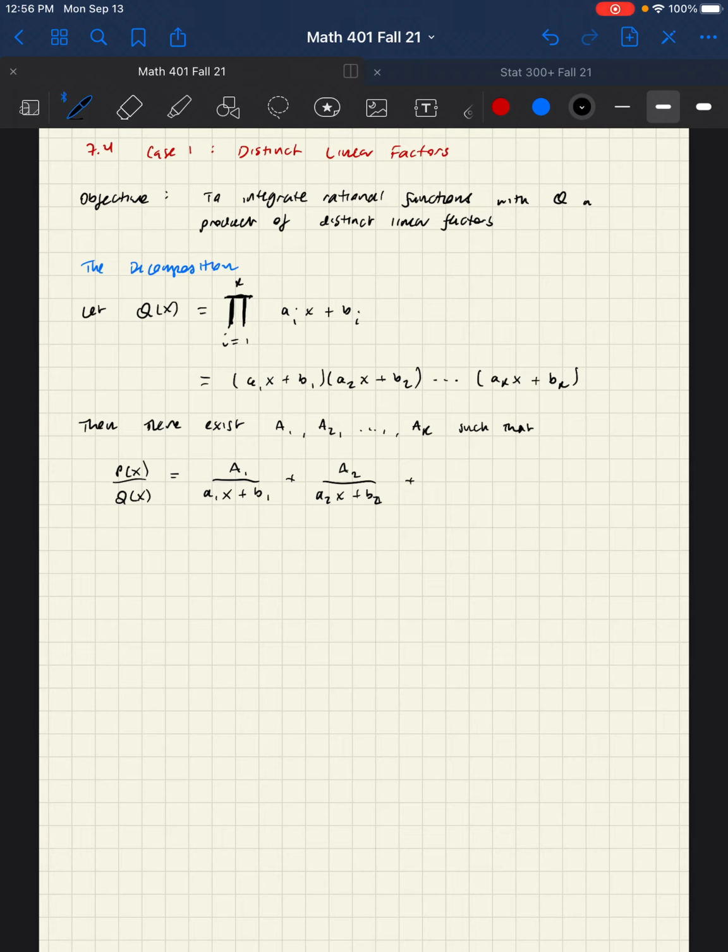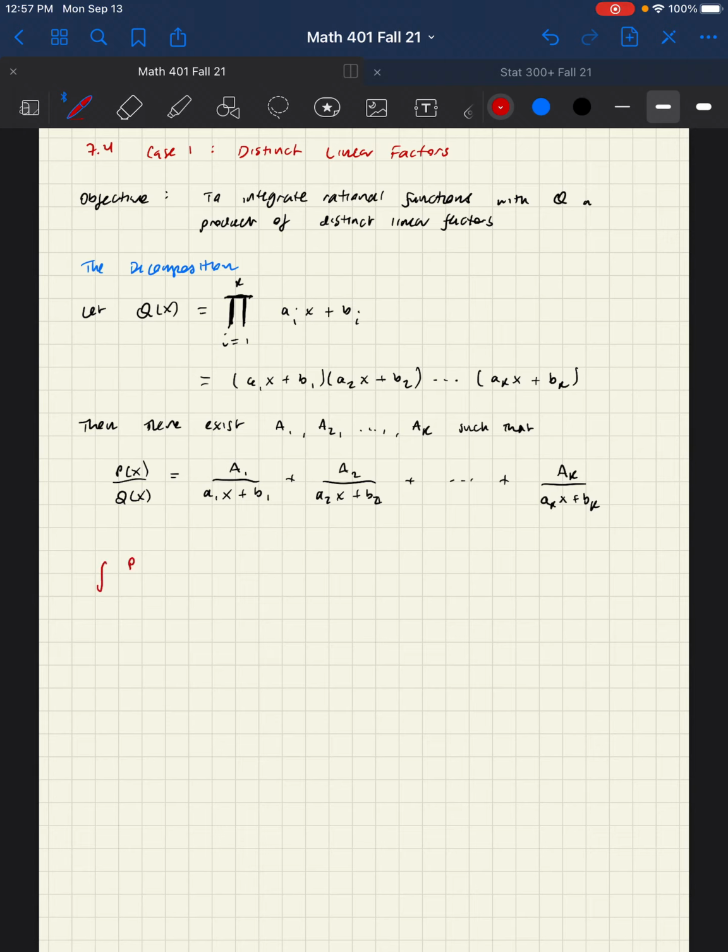So the capital A sub 1, A sub 2, those are all numbers, just like the little a's and the little b's. In other words, we're breaking this down into a sum that is easier to work with because here's the payoff, right?